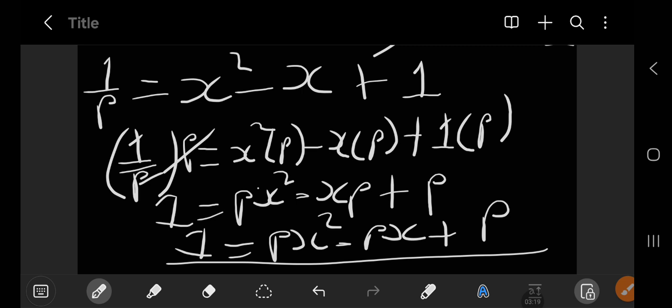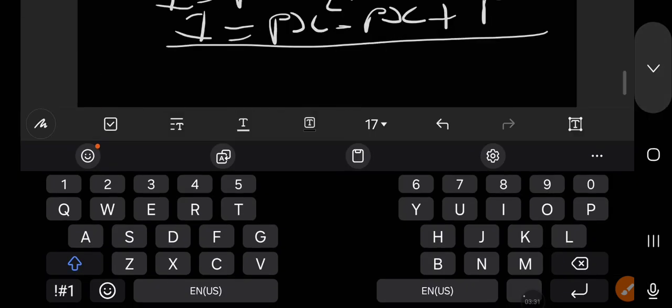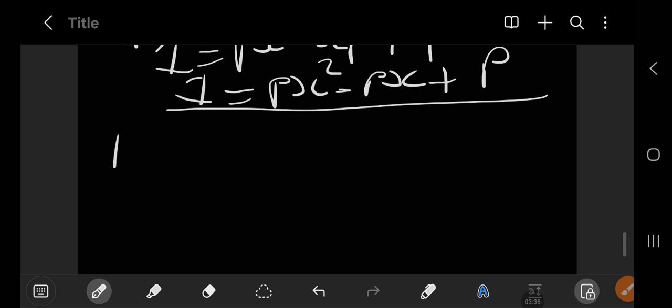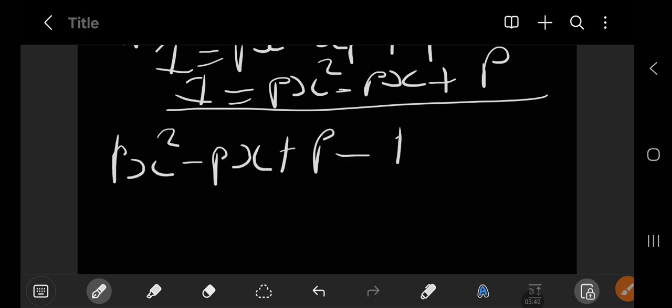Now with this one, is this standard form? It's looking much better, it's almost there, but we have to transpose to make it standard form. So this becomes px squared minus px plus p minus 1, for which the roots will be real roots.